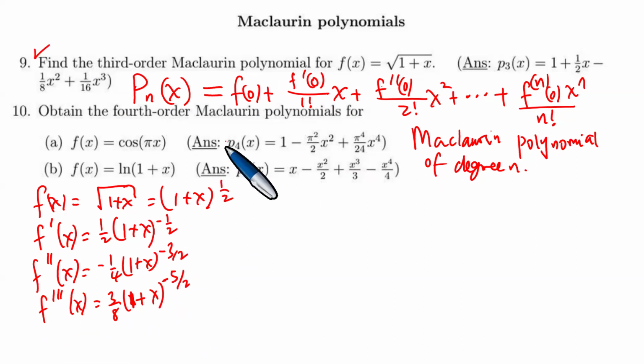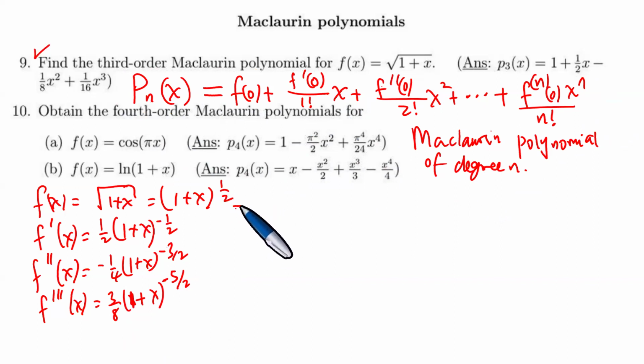Then now it's a third order polynomial, so you can stop here already. It's a Maclaurin polynomial of degree n, or nth order, which is x to the power n. So now, third order, we stop at the third derivative.